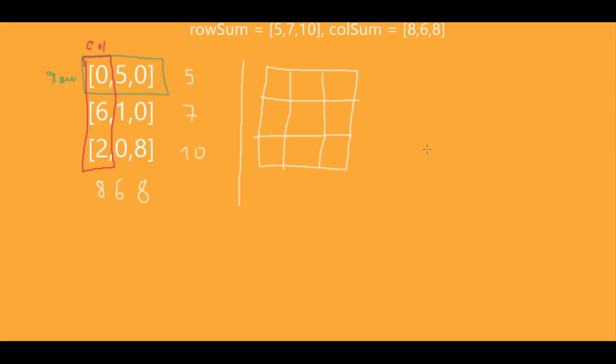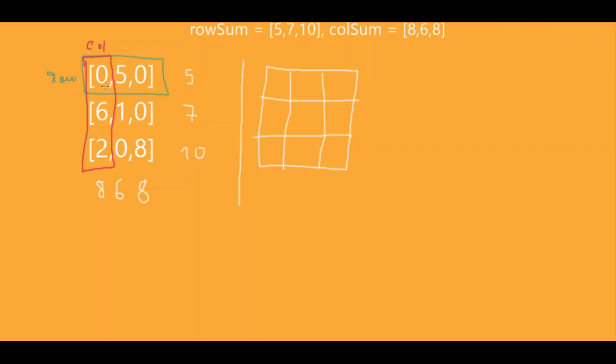So this is the scenario. We receive a row sum array and a column sum array. And this row sum is the sum that your generated matrix has to respect.